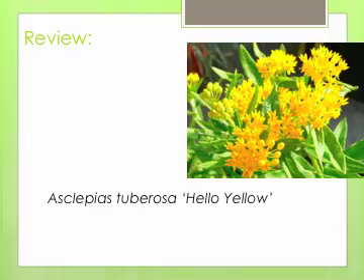And finally, what would we call Hello Yellow in single quotes? That would be the cultivar. Notice, again, the whole thing is in italics. What would be another way to write the entire name? That would be underline the whole thing and not have italics. So that's a quick little lesson on plant scientific names.